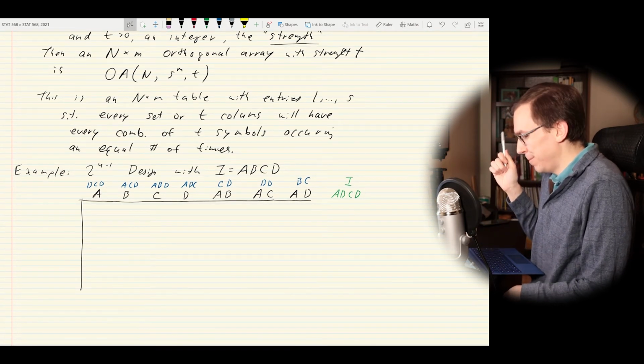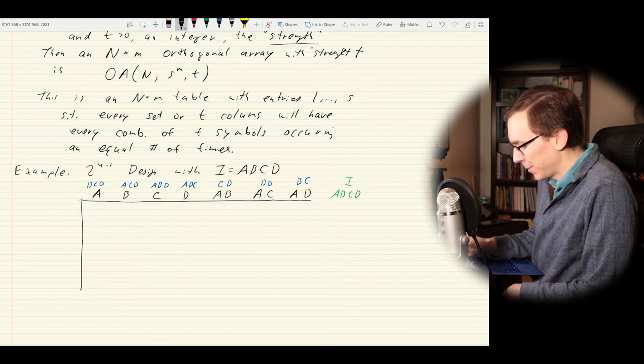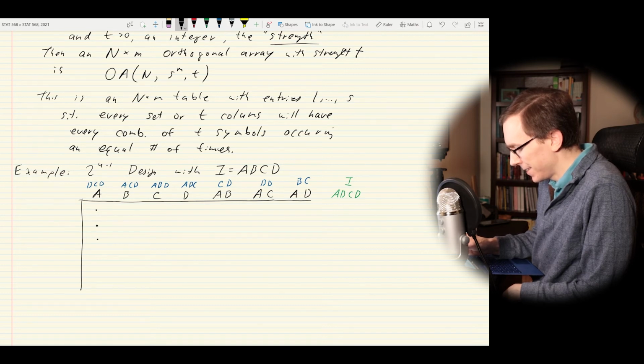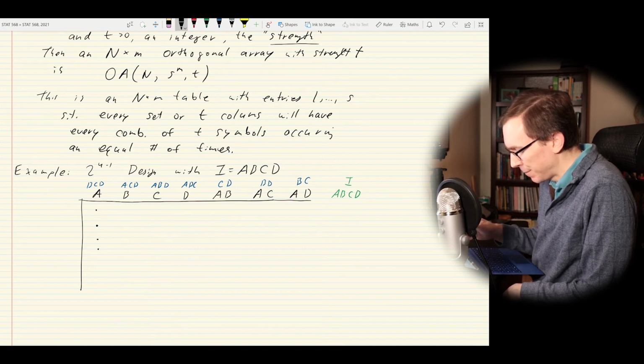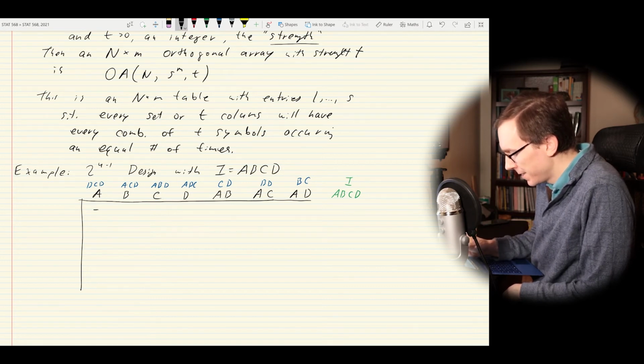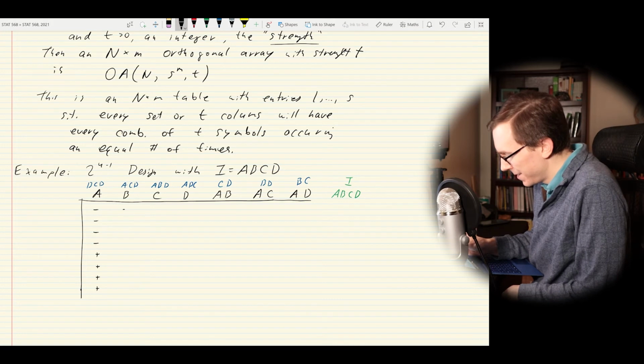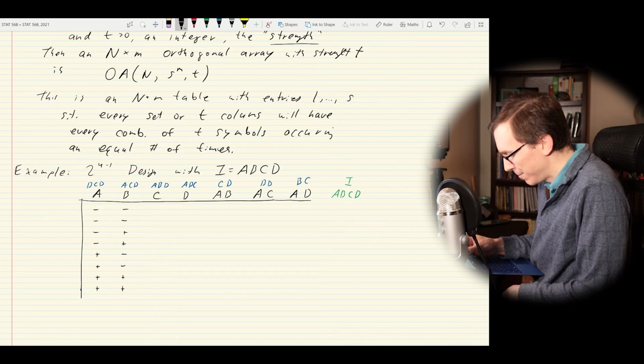So if I put this all together, what this design would look like, using dashes and pluses, I get dash, dash, dash, dash, plus, plus, plus, plus. Okay, the next one is dash, dash, plus, plus, dash, dash, plus, plus.